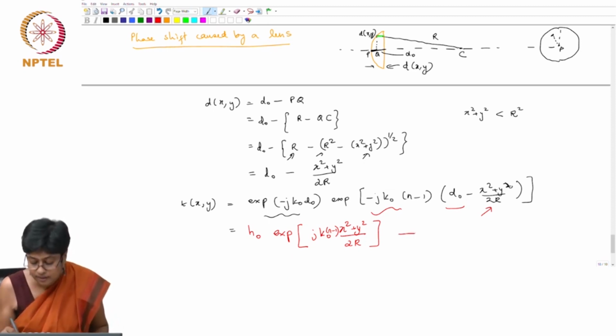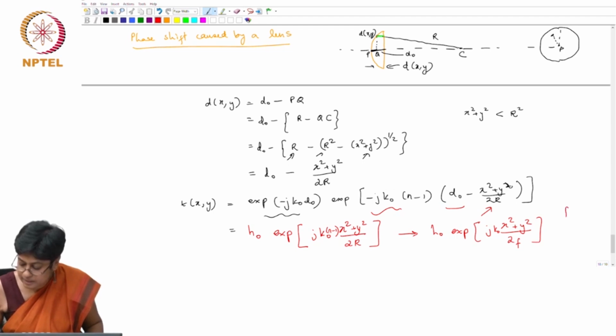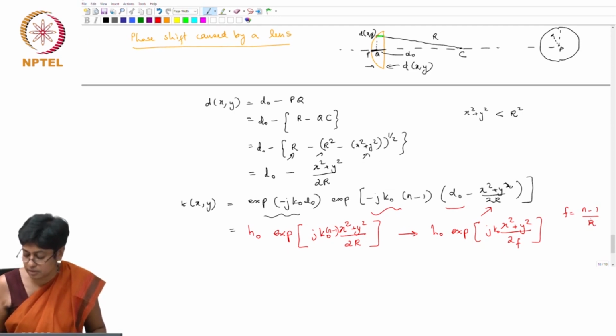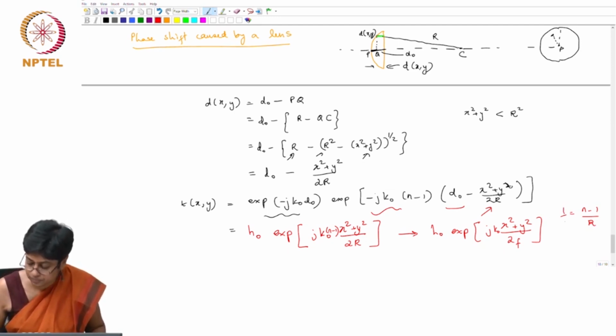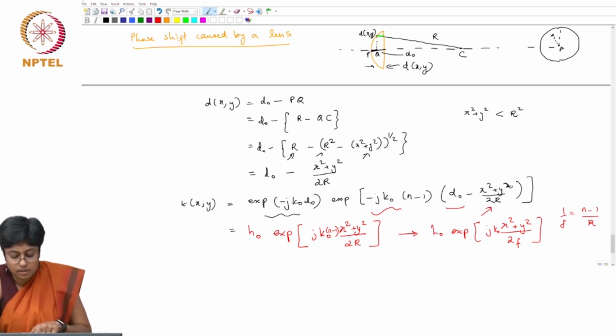So in fact, I can write this as h naught exponential j k naught x squared plus y squared by 2f, if I say that the focal length of this lens is given by 1 by f equals n minus 1 by R. Is that right?